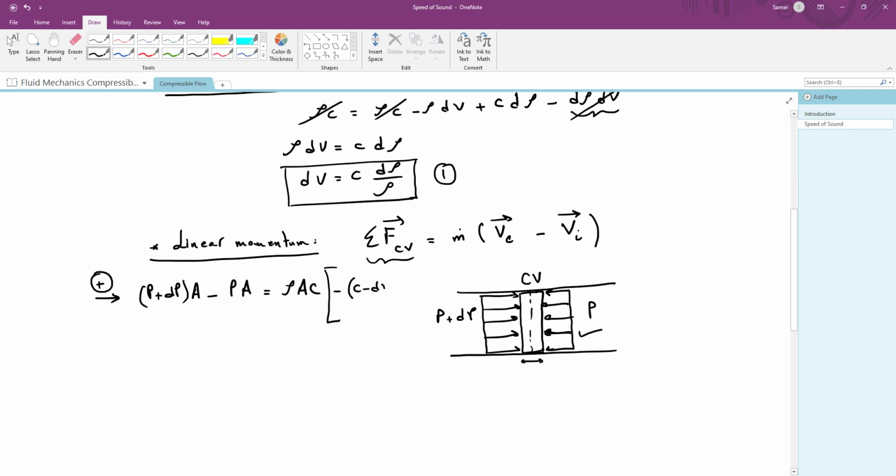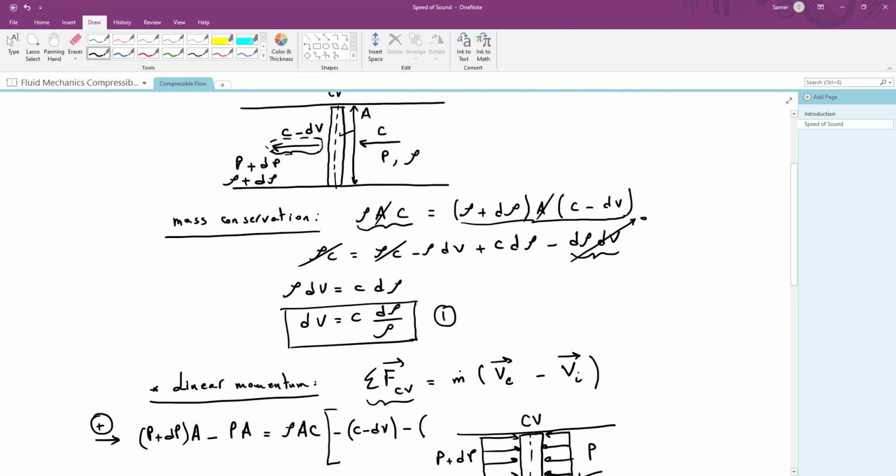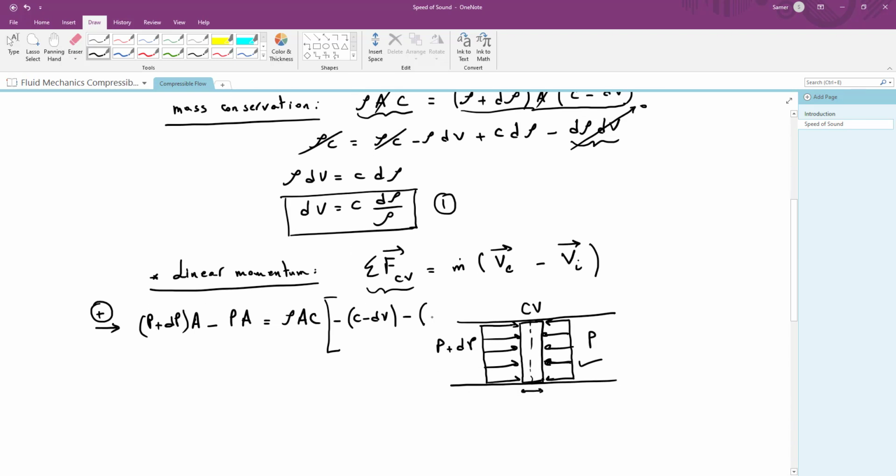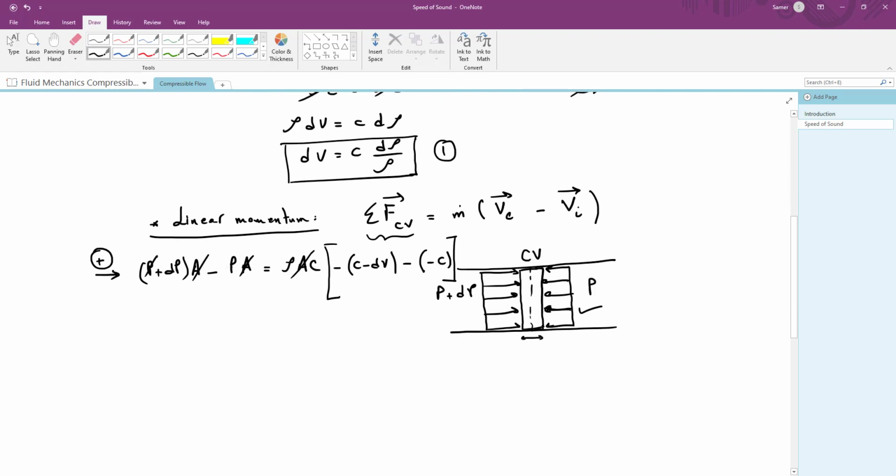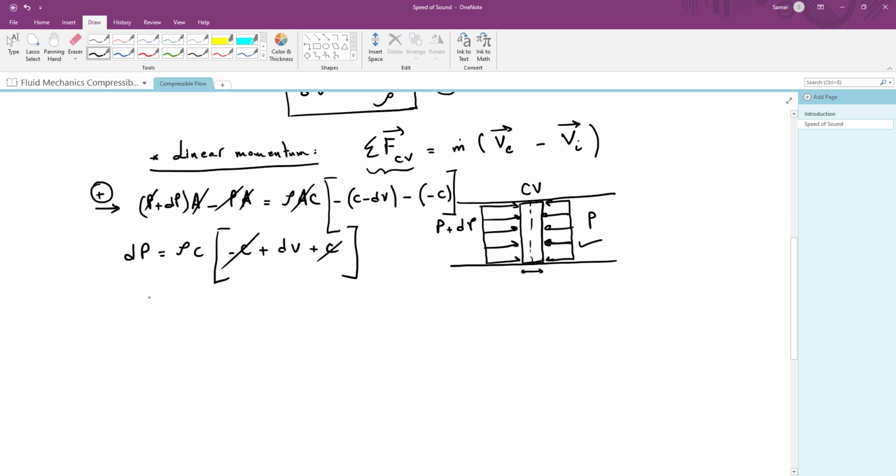So minus C minus dV, minus the velocity vector at the inlet of the control volume. So this one here is also pointing to the left and it has a magnitude equal to C. So since it is pointing to the left, we need to put minus C. Now let's simplify all the areas here, and P with minus P will be eliminated, and we will have dP is equal to rho C into minus C plus dV plus C. So C with minus C also will be eliminated, and we'll have dP is equal to rho C dV.